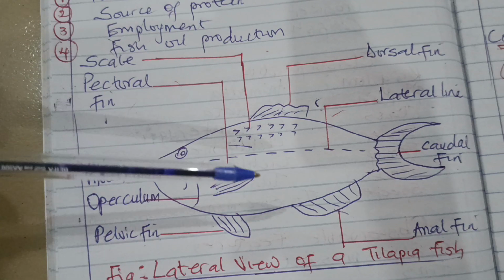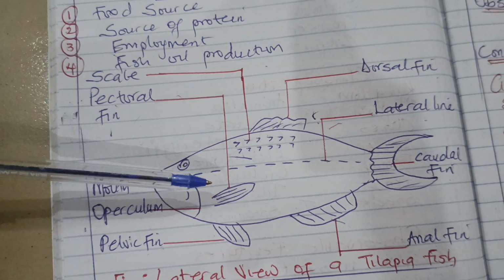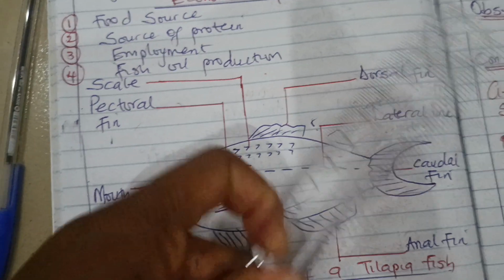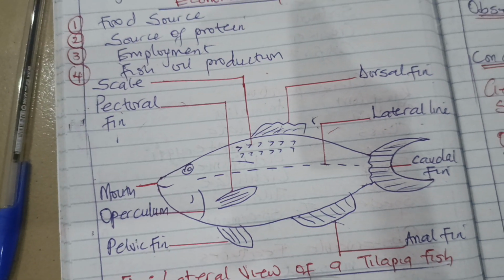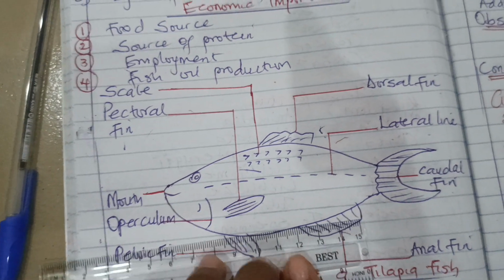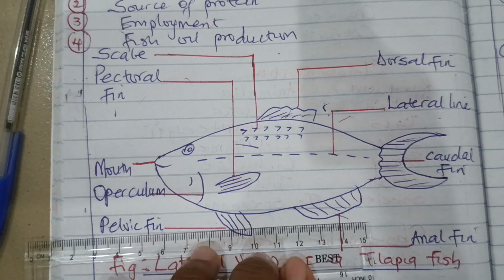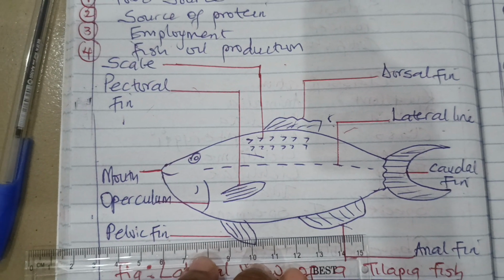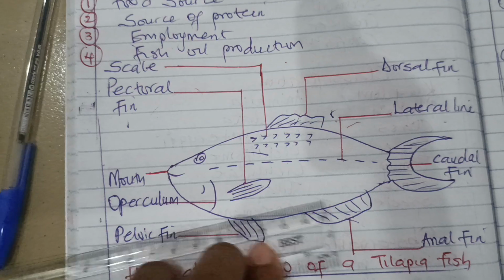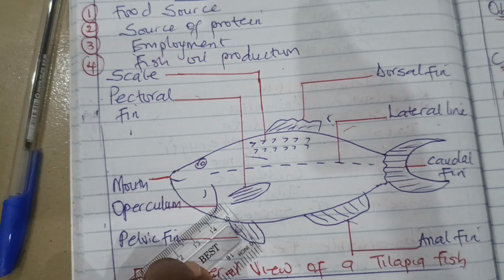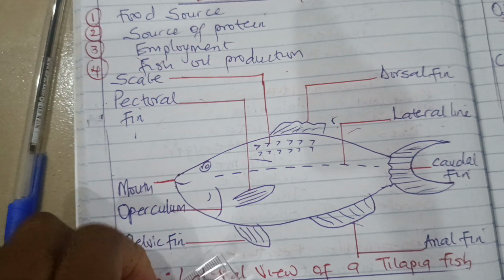Another thing you should take note of, you can see the way I have labeled. Please, I beg you in the name of God, I made use of my ruler when labeling. Make sure that your guidelines are pointing to each of the particular parts of the fish you are trying to label. You don't want to label operculum and your line is not touching, not pointing at that structure.